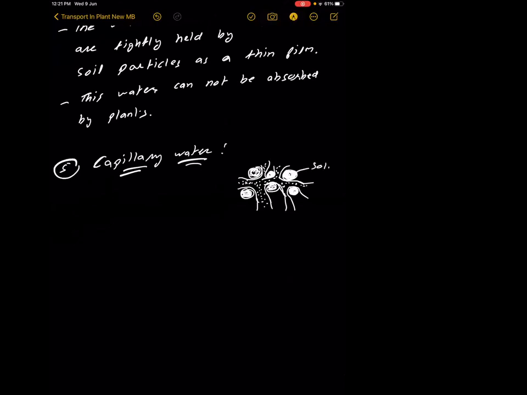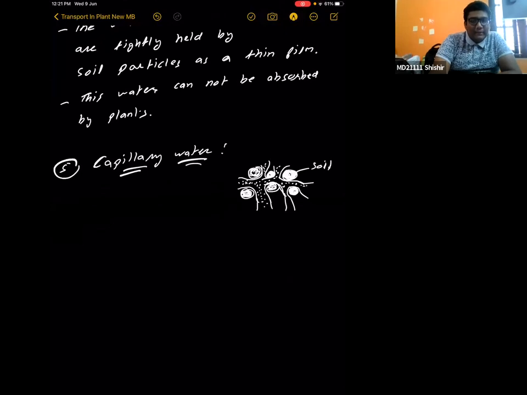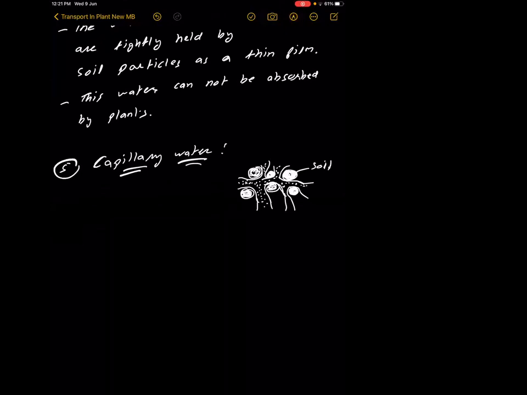The gap between the soil particles is called capillary space. Sir, what is capillary water? I repeat, capillary water.